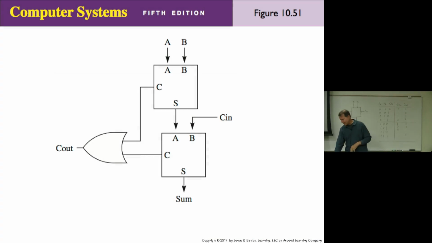Here in figure 10.51 is a block diagram of how to make a full adder out of 2 half adders. Does everybody see how this works?